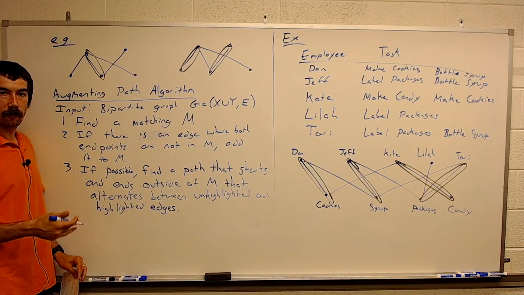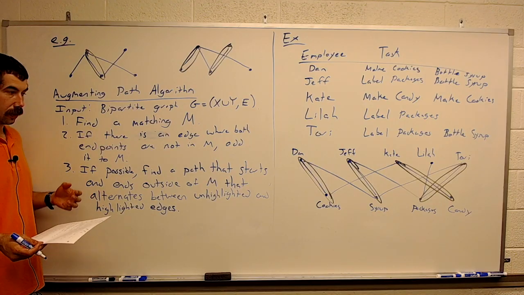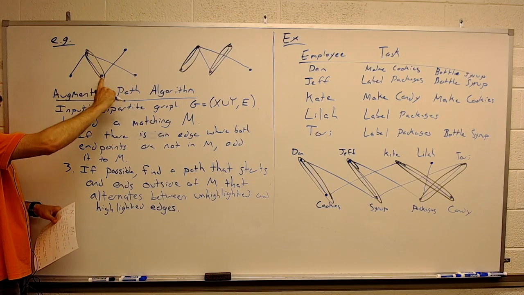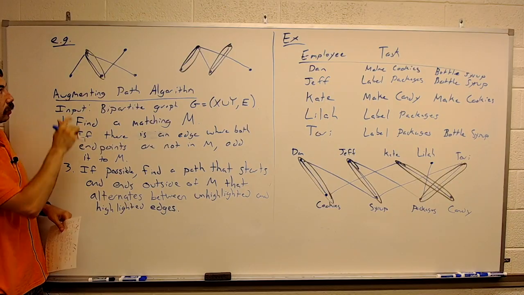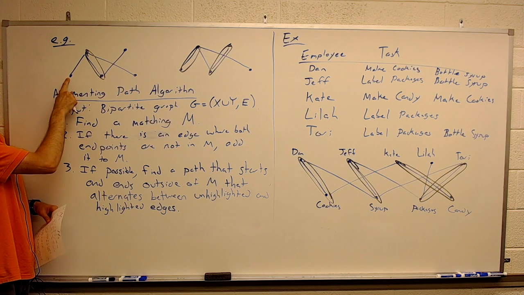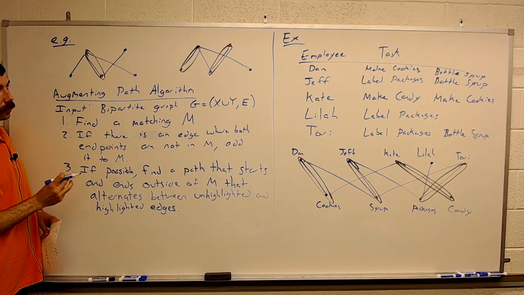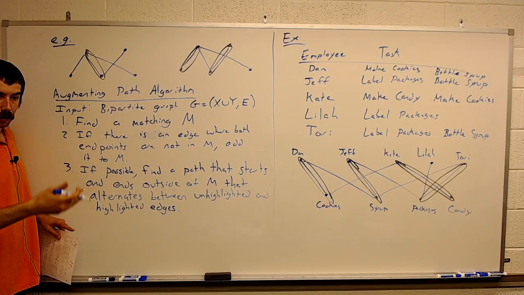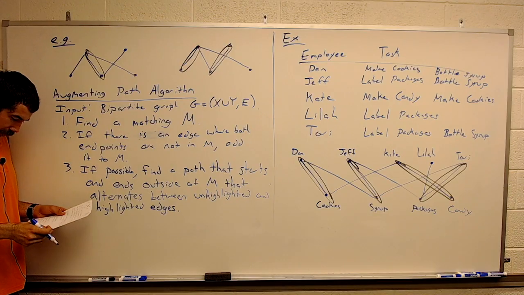So we're going to look for paths that start unhighlighted and alternate between highlighted and unhighlighted edges. So in our example here, starting at this vertex, our path would be here, here, and here. What we're going to do now is toggle or switch unhighlighted to highlighted and vice versa.